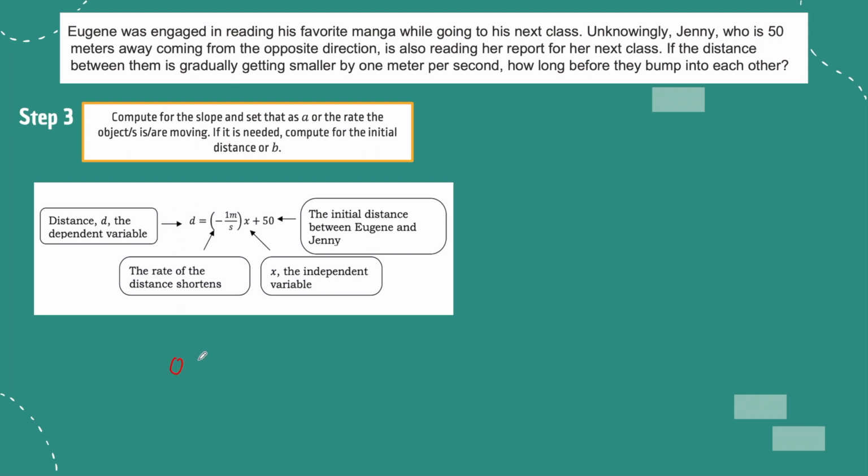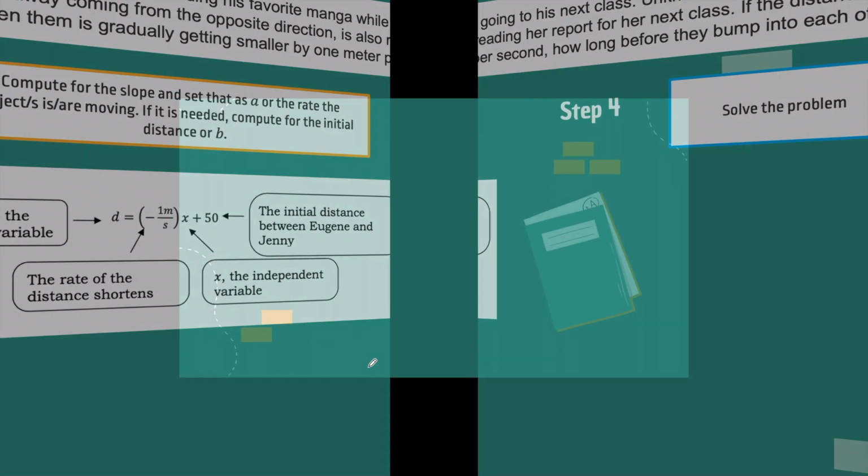So, 0 is equal to negative 1 meter per second times x, yung time, and then plus 50, kasi gaano katagal yung kailangan nila para maging 0 yung distance sa isa't isa kung 50 yung initial. So, last step is solve the problem.